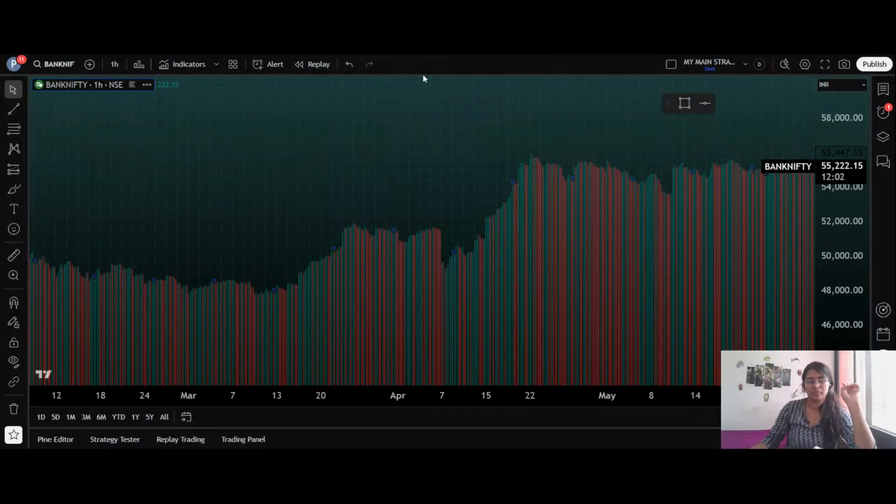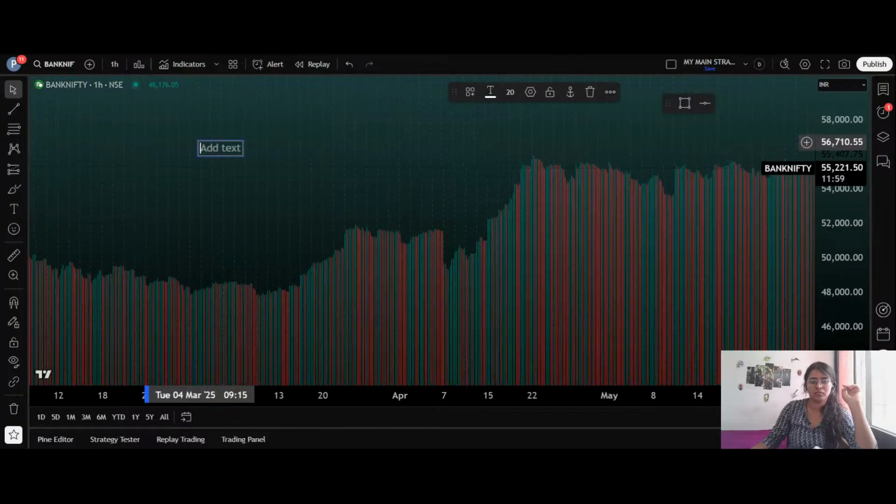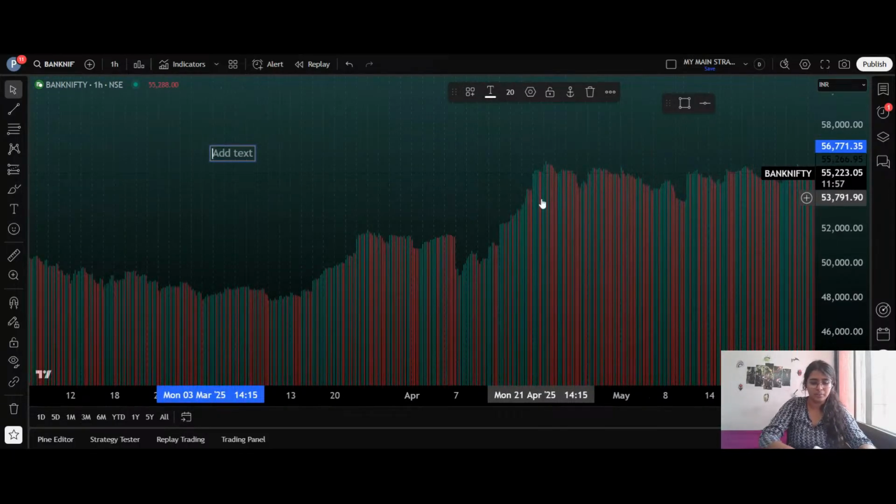Green column, I'll write it here. Green column is used when close is greater than open.